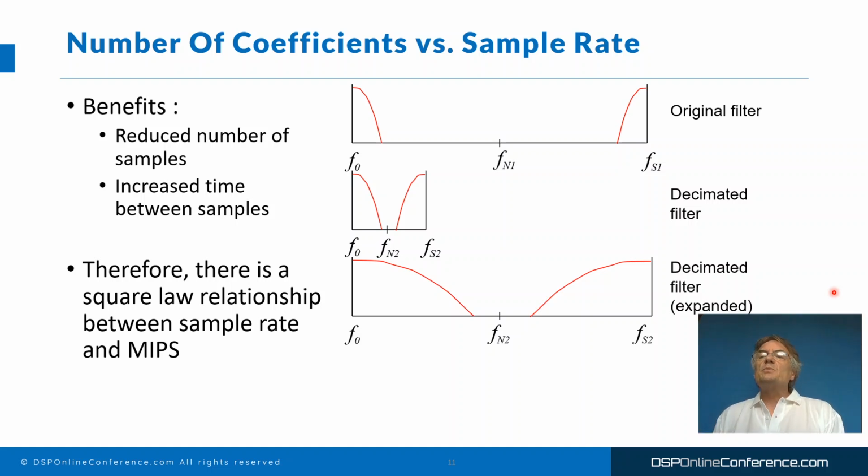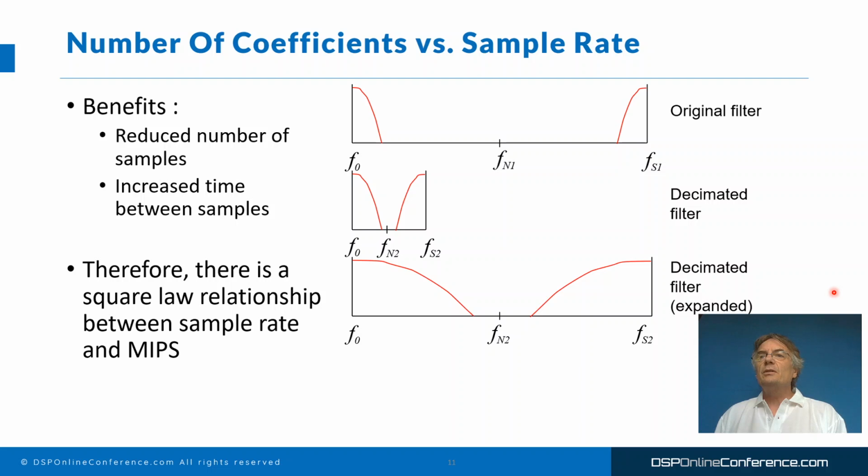The number of MIPS we require depends on the steepness of the filter roll-off, and also the sample rate. The higher the sample rate, the more coefficients we're going to need for our filter.